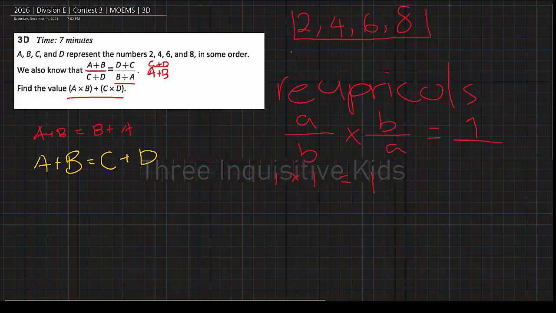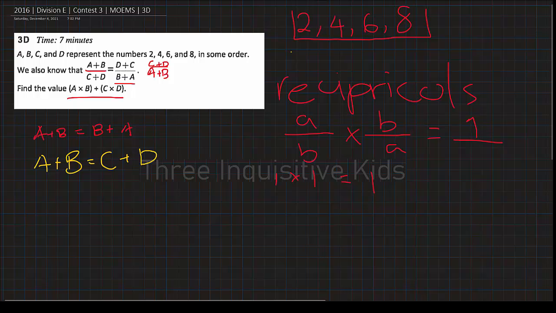A rule when it comes to filling in letters with their values, and there has to be some sort of equality, is that we compare the greatest value with the smallest. So for example, 2 pairs up with 8 because they're the smallest and biggest, added up together is 10. 4 plus 6 added up together is 10.